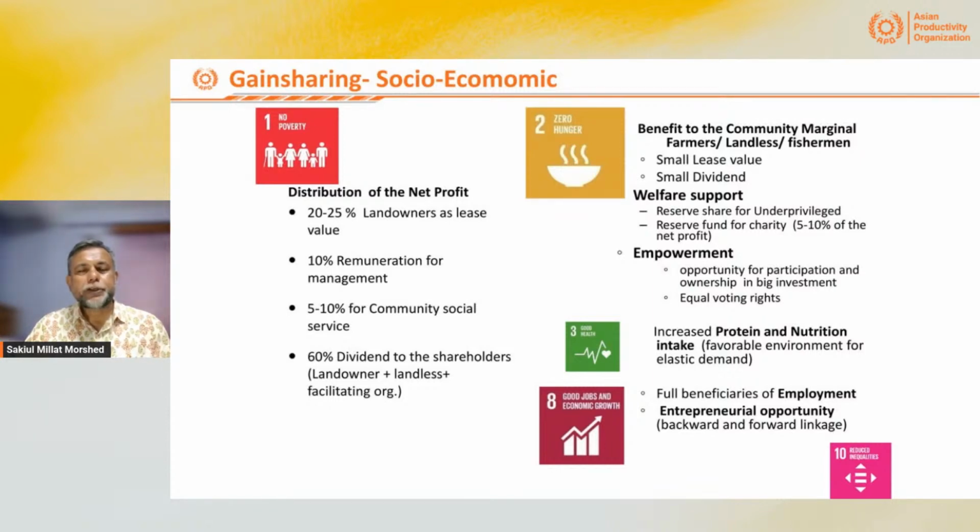Basically, 20 to 25% goes to the landowners as lease value, 10% as remuneration for management, 5 to 10% for community social services, and 60% as a dividend to the shareholders. So the profit is shared across the society in different terms, and this is not a fixed amount. It is based on the turnover.